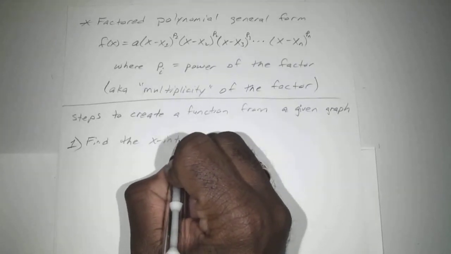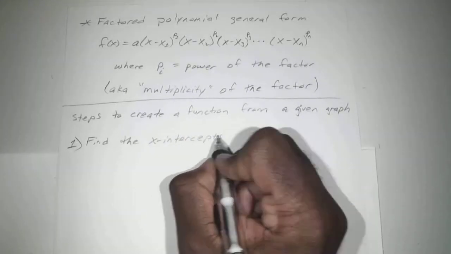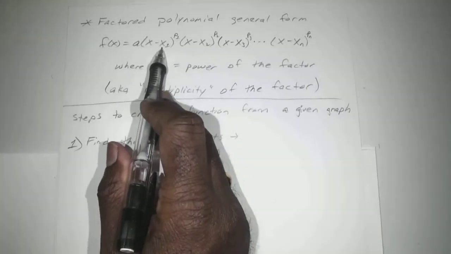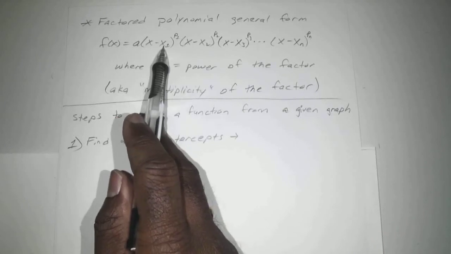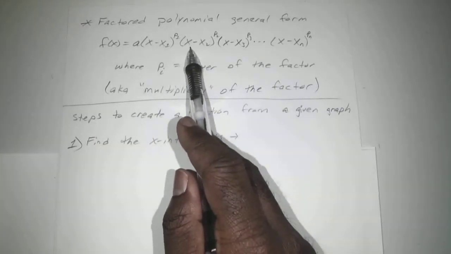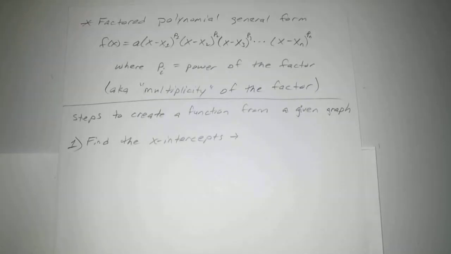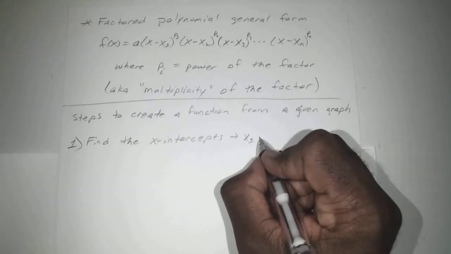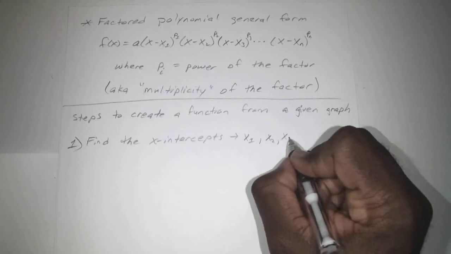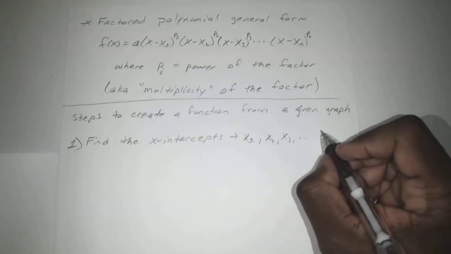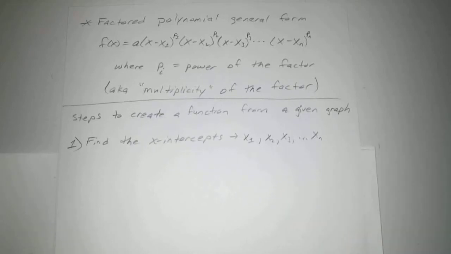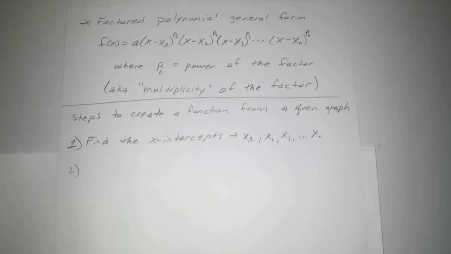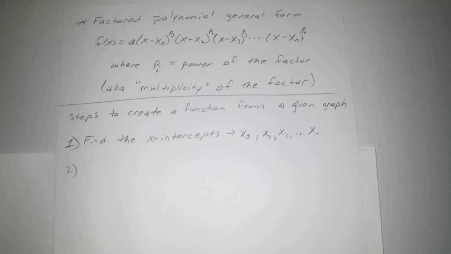Remember, those x-intercepts are x1, x2, x3, x4. Because if x equals x1, whatever this x1 is, everything becomes 0. If x equals x2, everything becomes 0. So it's always going to be whatever's in those spots, all the way to whatever some x sub n is. Okay. So second, you want to determine the power of each function.